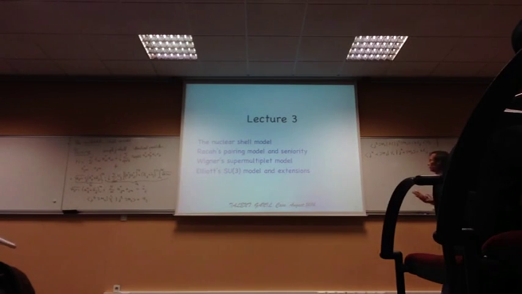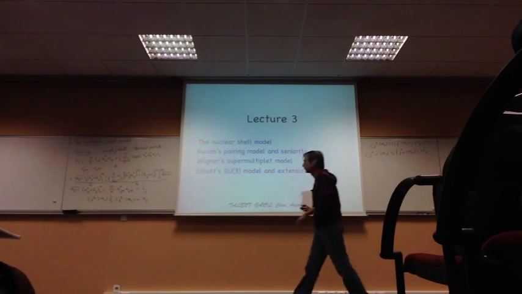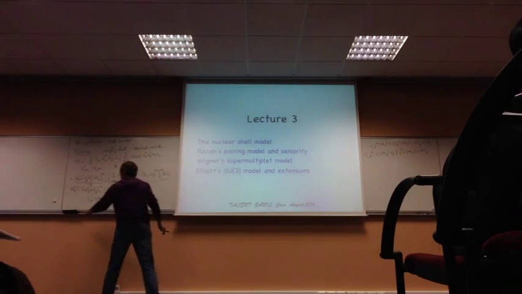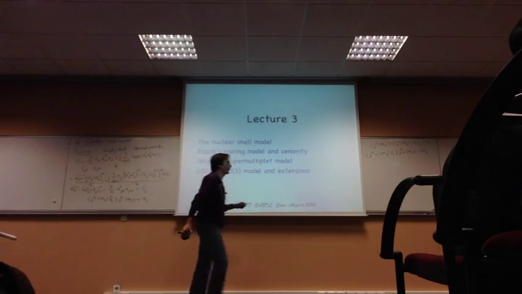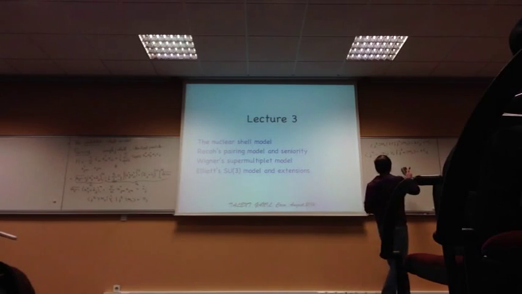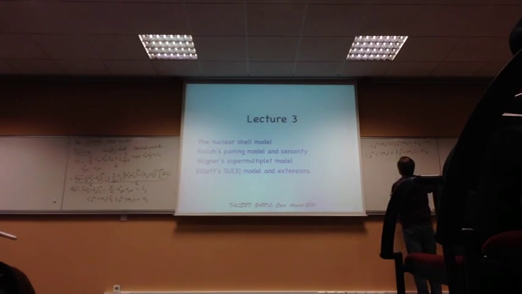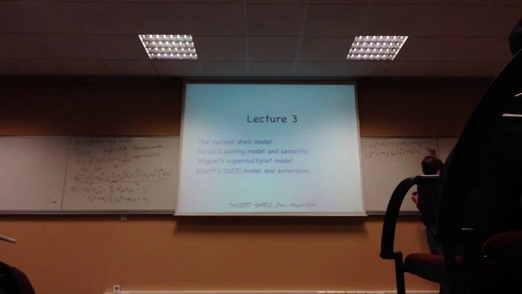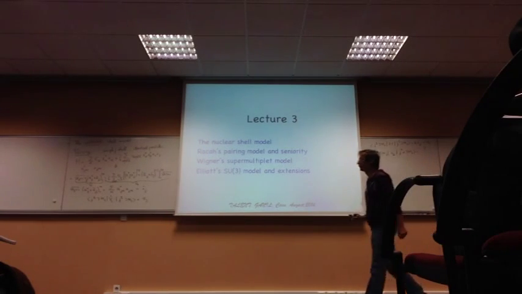I hope everybody agrees with that. The question is, can I find an expression for V2? Are there two-body interactions where I have a closed expression, an analytic understanding of the n-body wave function? And this is where the pairing interaction comes in.